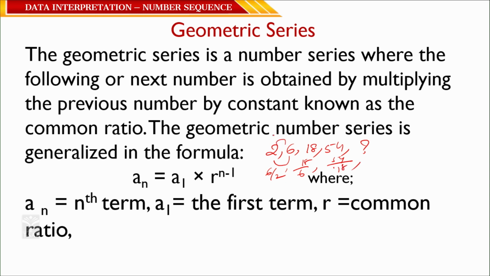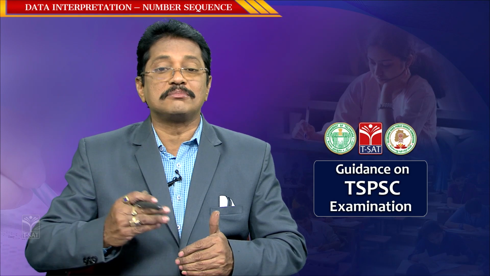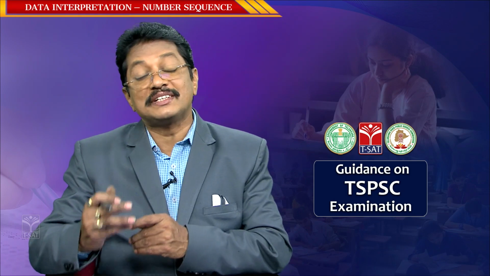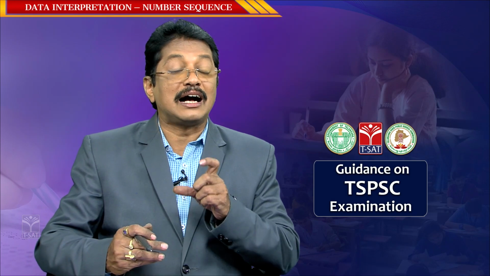Or 2 3s are 6, 6 3s are 18, 18 3s are 54. So, what is the next number? 54 3s are 162. So, the next number is 162. Is it clear? Here the next number is generated by multiplying with a fixed number. That number is said to be the common ratio.